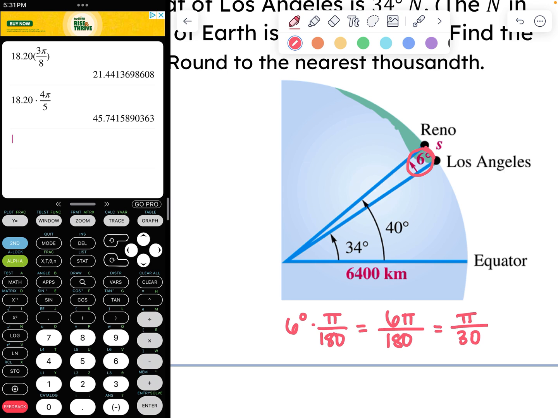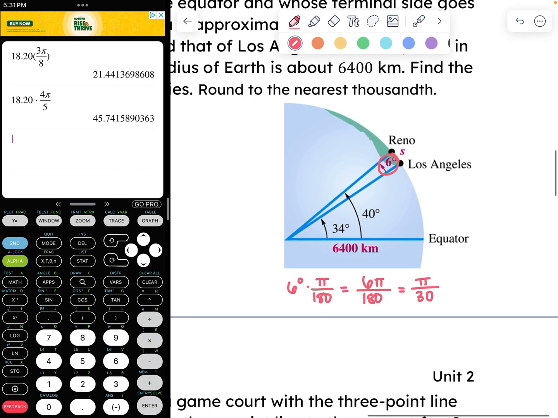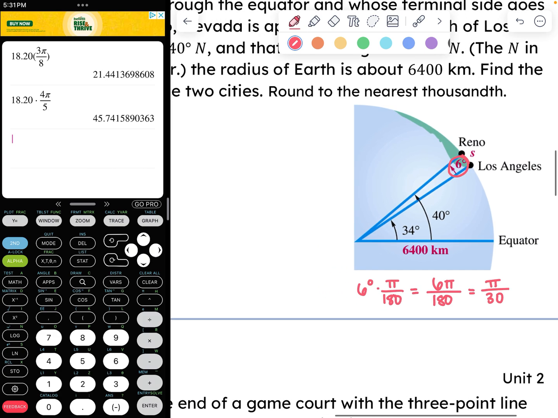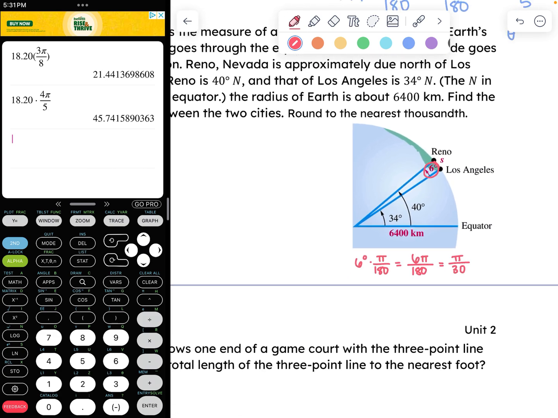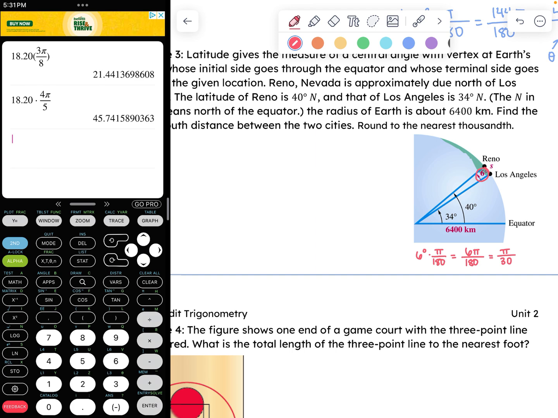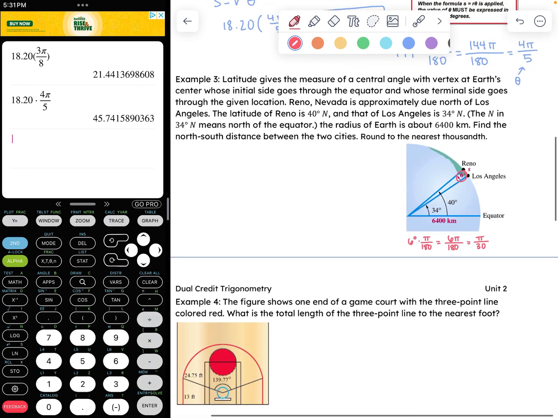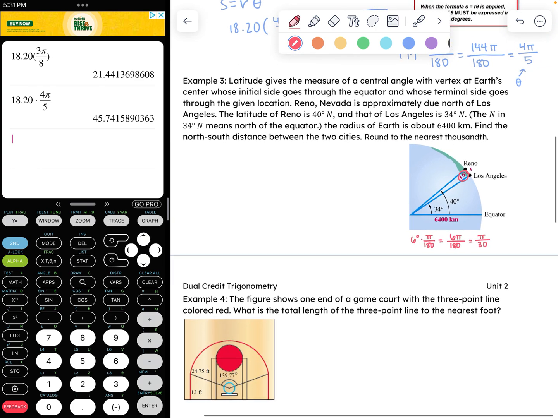The reason I keep doing this as fractions and not plugging it into the calculator has to do with what we talked about in a previous lesson. Remember the significant digit part at the very end of the last unit: your answer is only as good as your least significant digit.